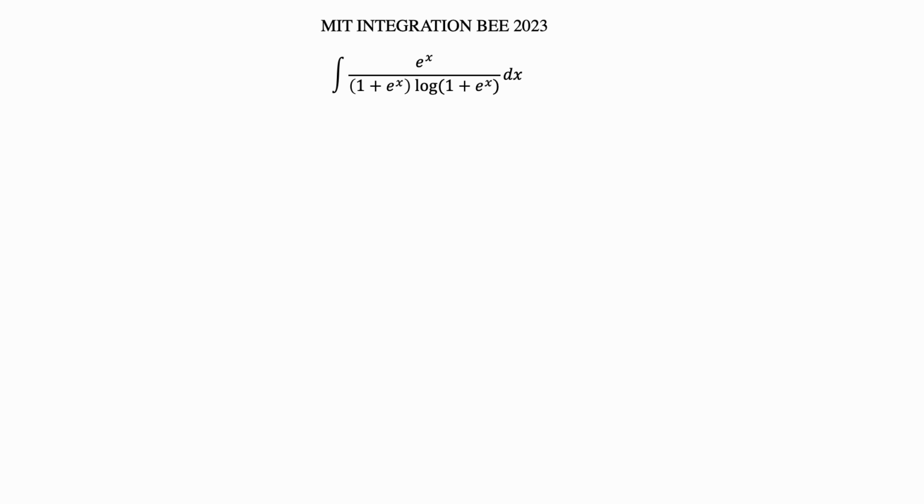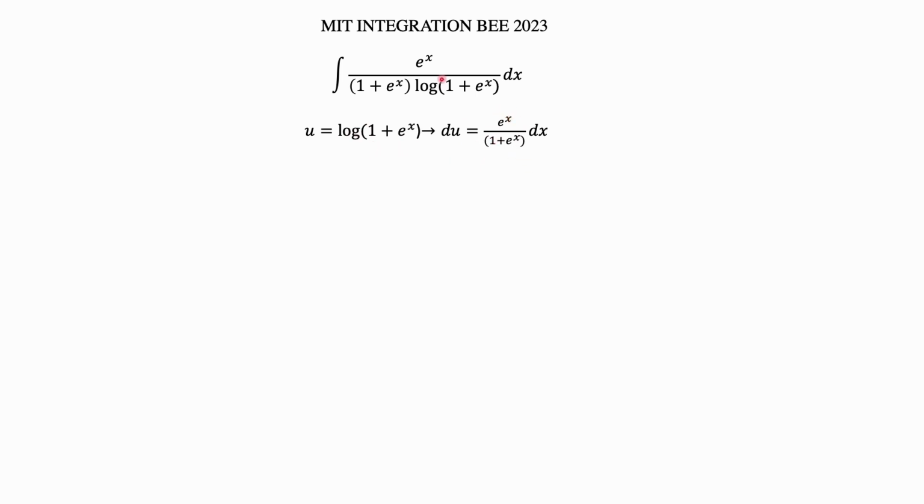But whenever you have a log function and you see its argument in the denominator, that is your key to u substitution, because when I put u as log of 1 plus e to the power x and differentiate it, I am going to get in the denominator the same argument that is in the log, and that is your key.